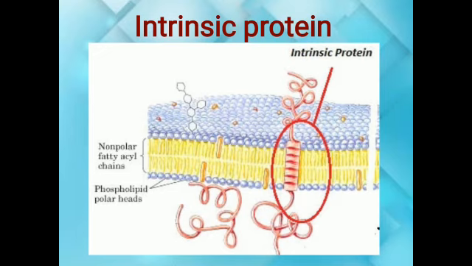Intrinsic protein are partially or completely embedded in phospholipid bilayer. It is permanently attached to the biological membrane. It is directly incorporated within the lipid bilayer. These proteins provide a channel through which water-soluble substances such as ions can pass back and forth between the extracellular and intracellular compartment.